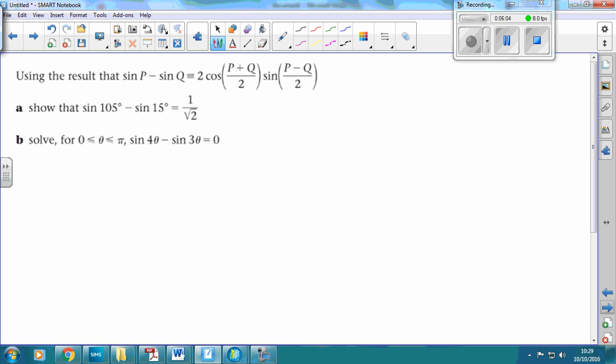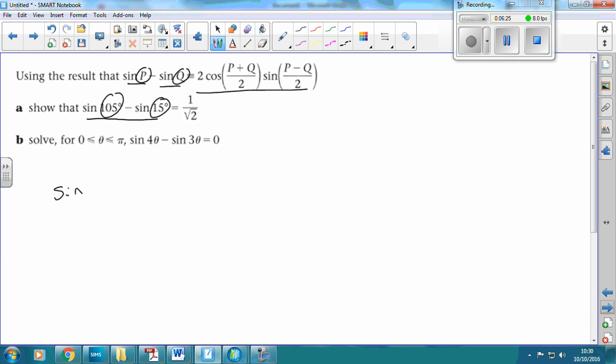Let's see how to use it. Using the result that sine p minus sine q equals this, we've got to find out what this is. Here they've replaced p with 105 and q with 15.